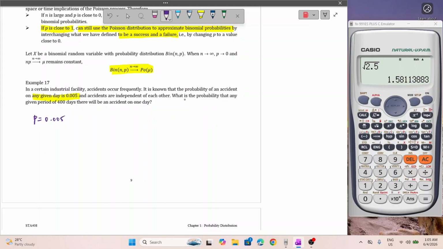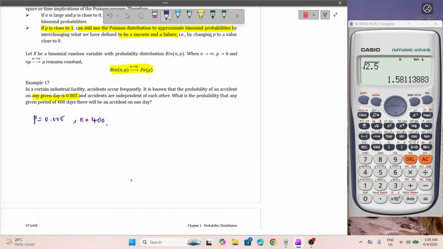What is the probability that in any given period of 400 days there will be an accident on one day? We want to find in 400 days how many accidents will occur on one day. So n here is the number of days.